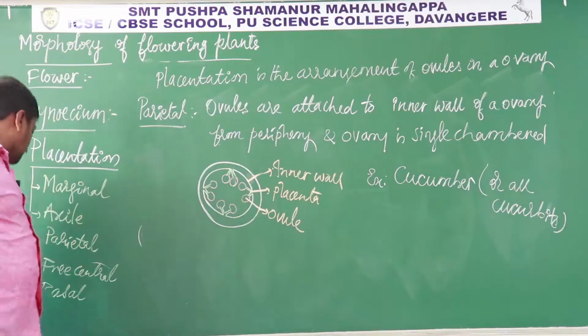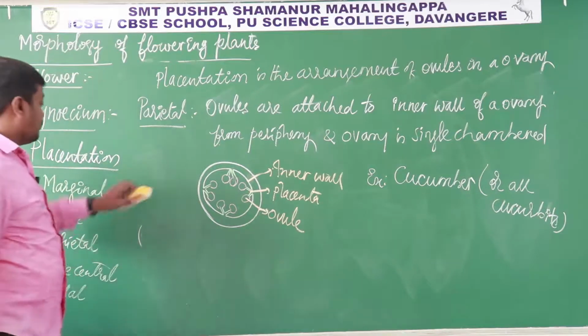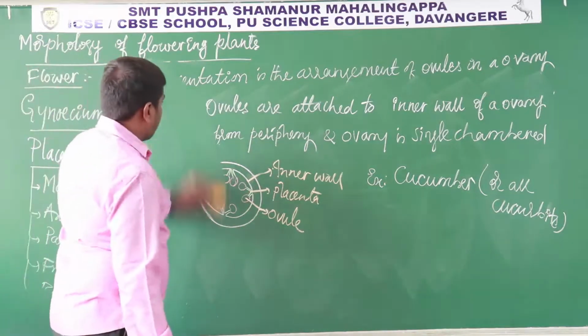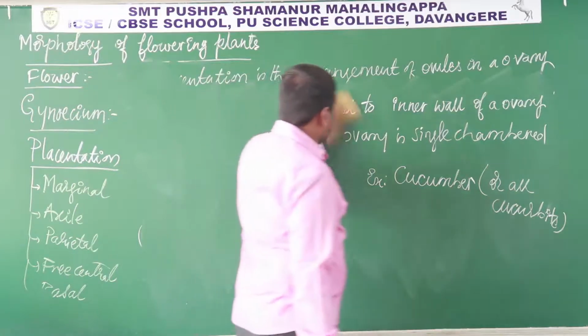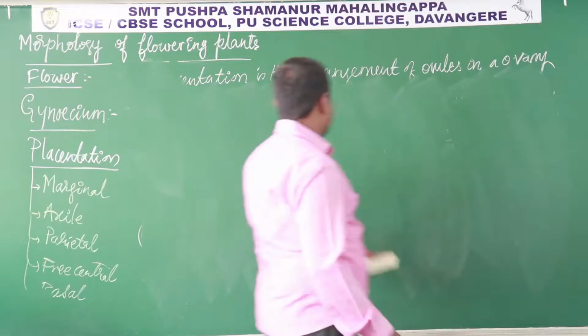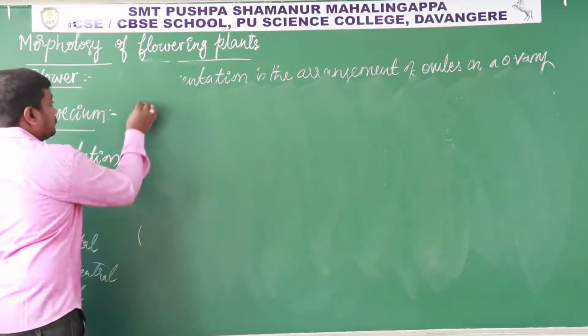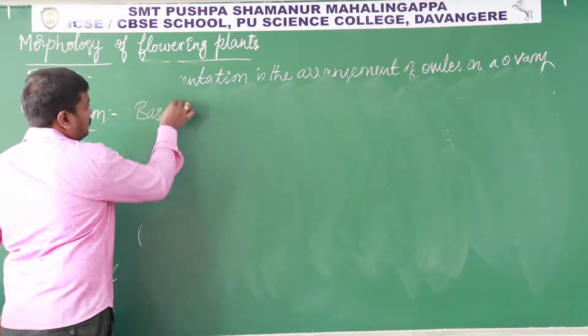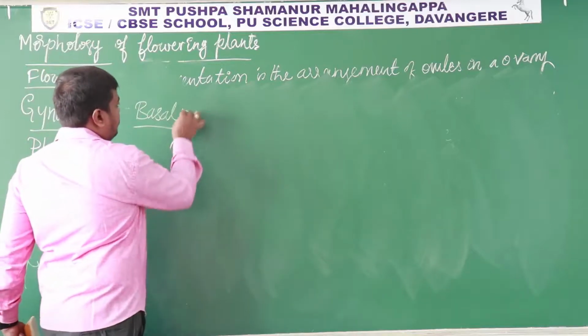Okay. So next come to the basal placentation. So last one, that is basal placentation. So in basal placentation, ovules are attached to the base of a ovary. Okay. Basal placentation.